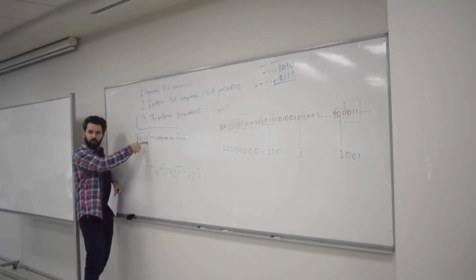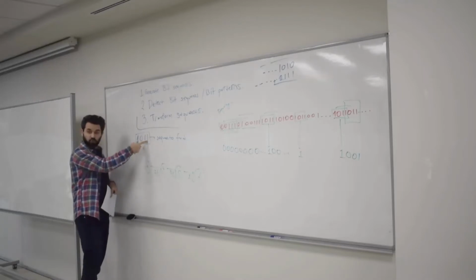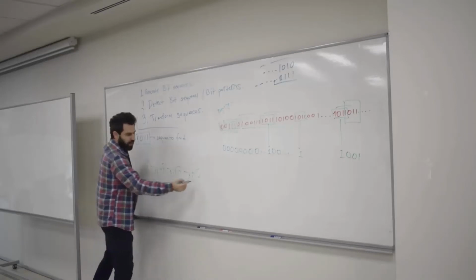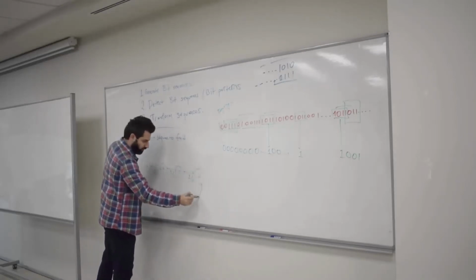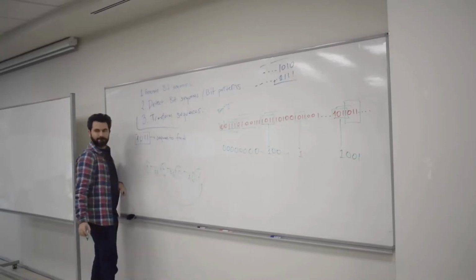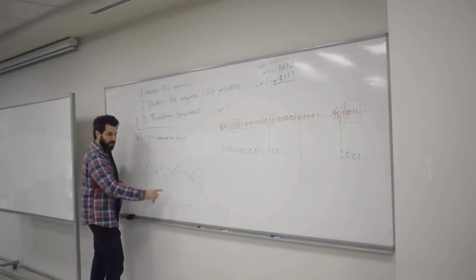But when I see 1, I may have the first bit of another valid sequence. Okay, so that's why I'm not going to draw another state. I'm going to do the following. Why is that?